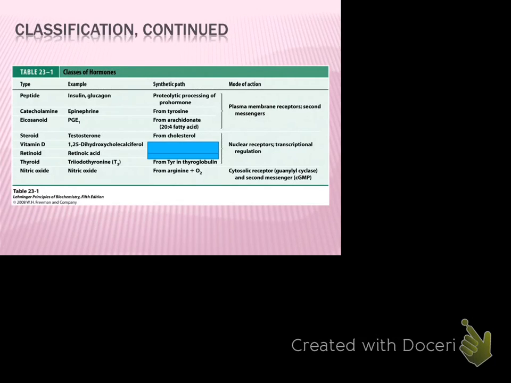It does not come from the sun. Its synthesis can be activated from its precursor in order to make vitamin D, or the useful form of vitamin D. But what's the precursor?